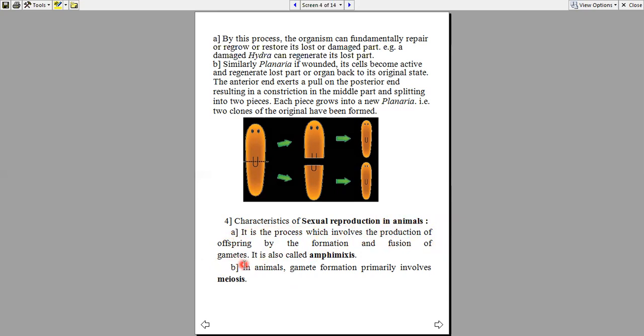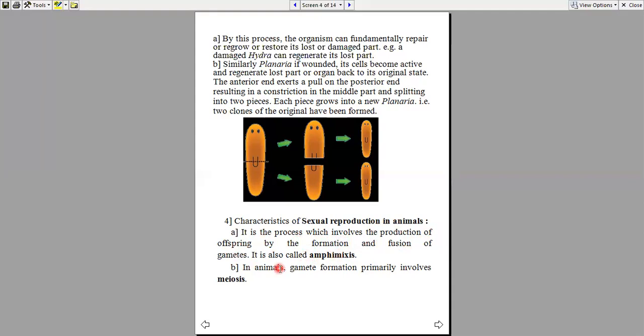See here, there's a difference between asexual and sexual. In asexual reproduction, there is no fusion of gametes, and in sexual reproduction, we highlight fusion of gametes, and this process is called amphimixis. So do remember the definition of amphimixis here. It is formation and fusion of gametes.